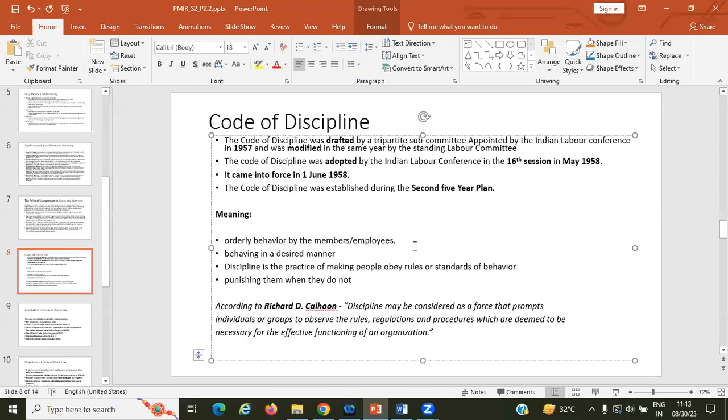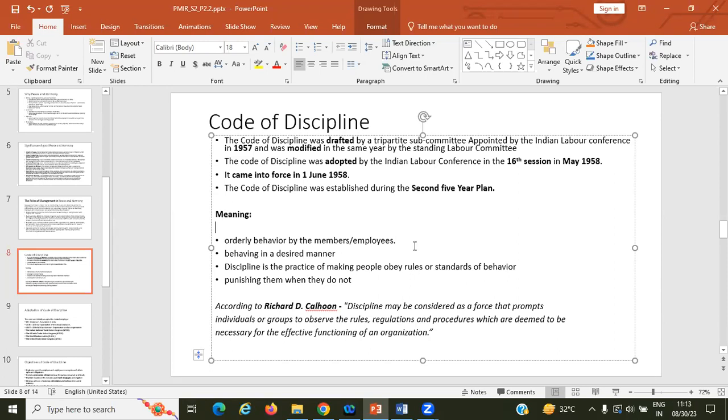Behaving in a desired manner. So I was explaining, if you are going down a street, you definitely walk on the left side. If you go on any road, you follow certain rules. When you come to your home, you don't come at midnight, at 12 o'clock, 2 o'clock, 3 o'clock. Wherever you go, you come before evening or night.